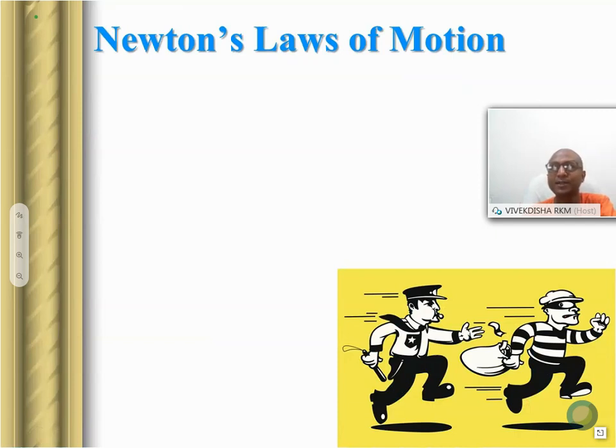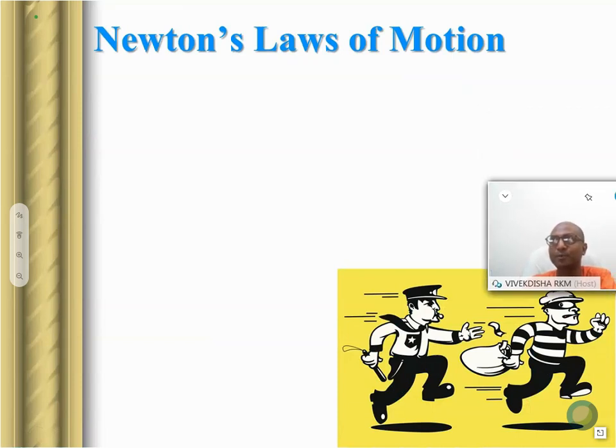When Newton says a body at rest, it means at rest against an inertial reference frame. When Newton is saying a body in motion in a straight line with uniform speed, he is referring to an inertial reference frame. So the concept of inertial reference frame is coming only from the first law of motion.